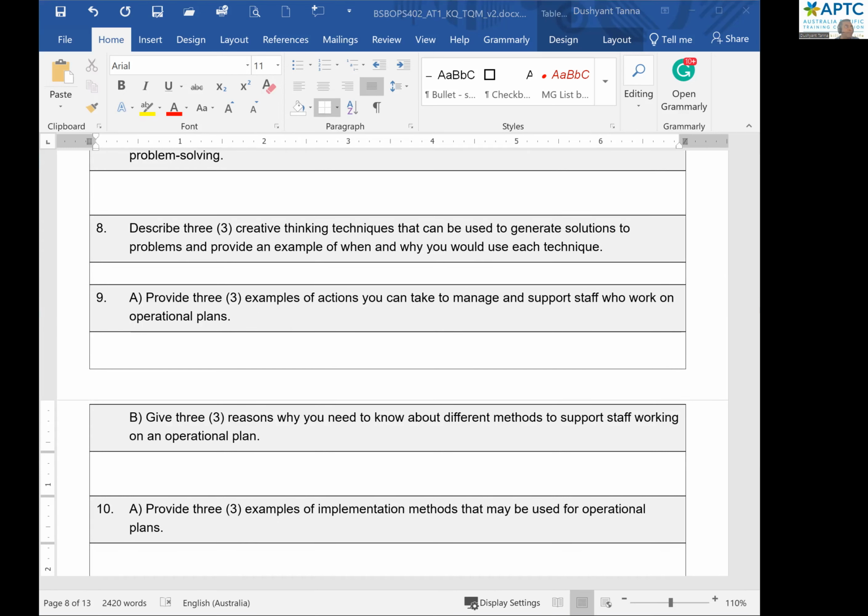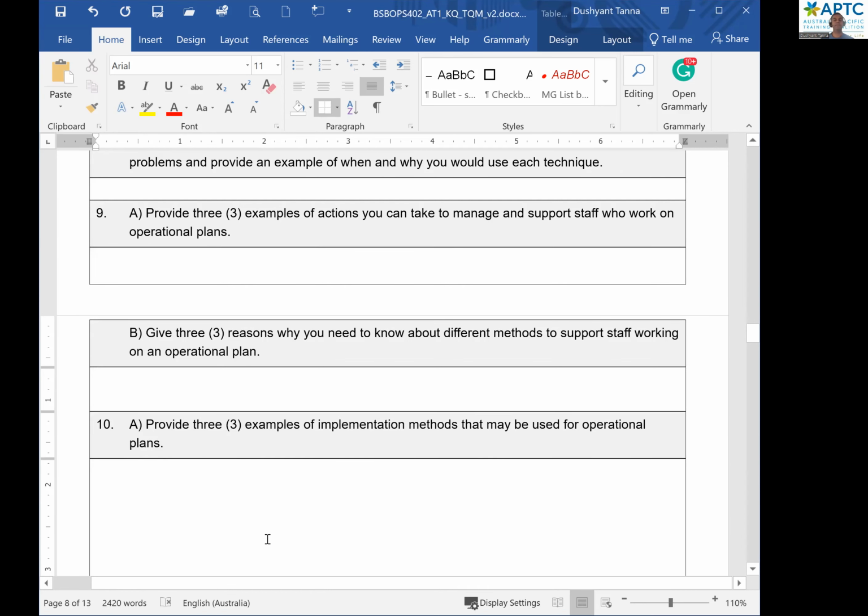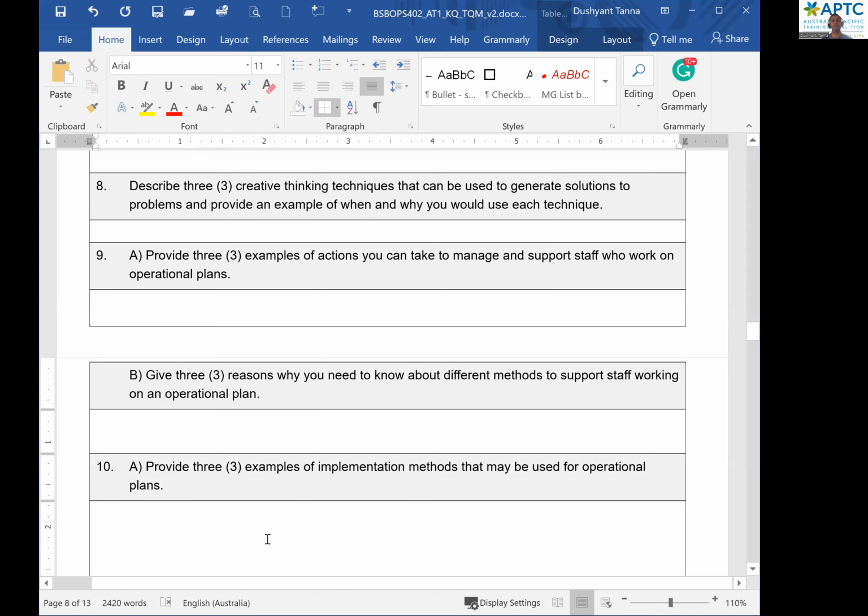Anyone? How do you support the staff who work on a plan?